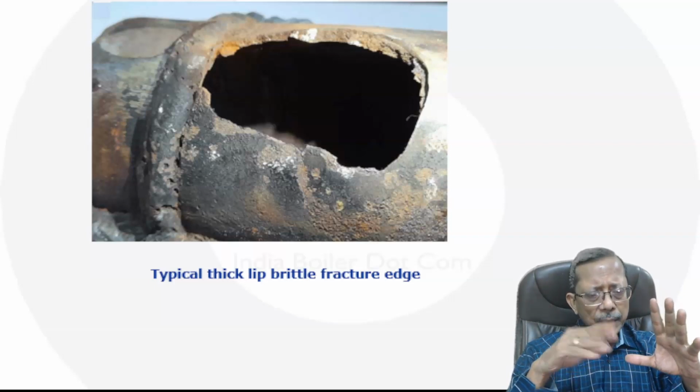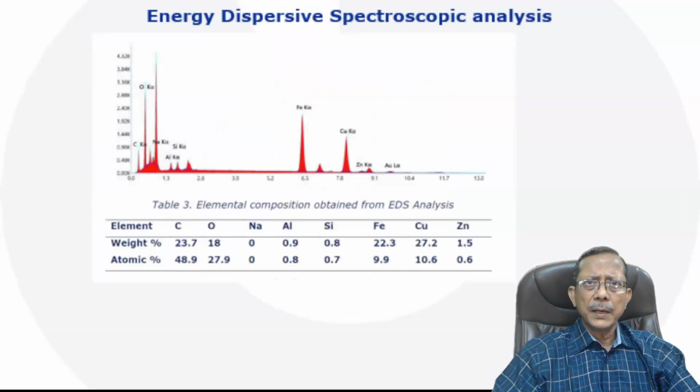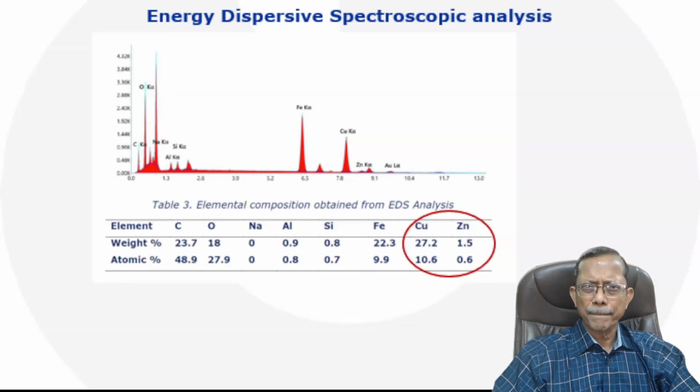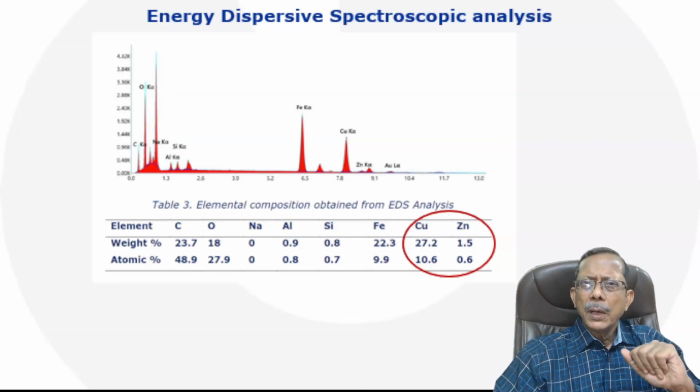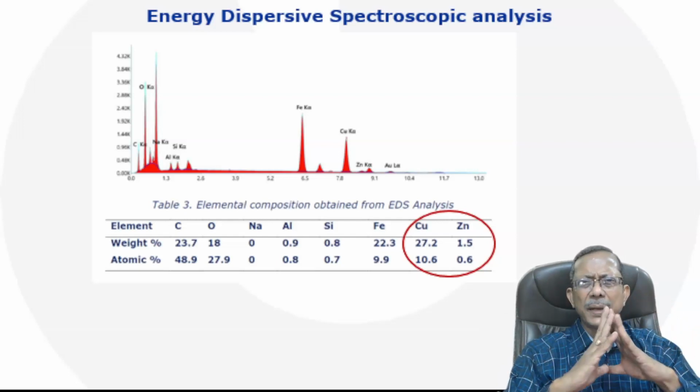So if you see the deposit analysis, that is the EDS, energy dispersive spectroscopic analysis, there you could see the indication of copper and zinc. Now, I told you that copper and zinc are two highly conductive metals.